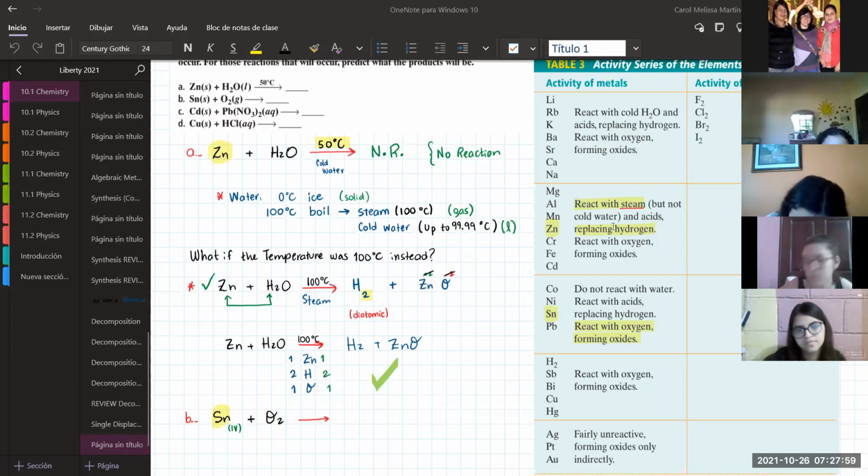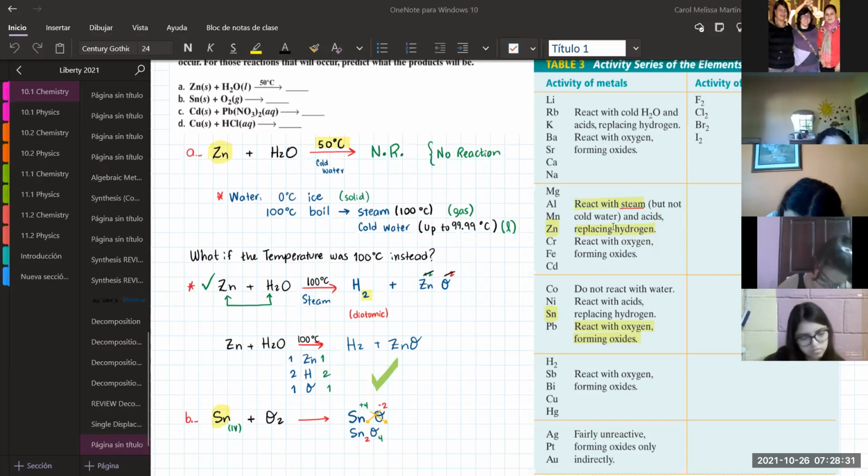So when you form the compound, you're going to have tin with a charge of positive 4 and oxygen with a charge of negative 2. So what is going to happen is you will crisscross the charges, swap the charges, so you will have Sn2O4.